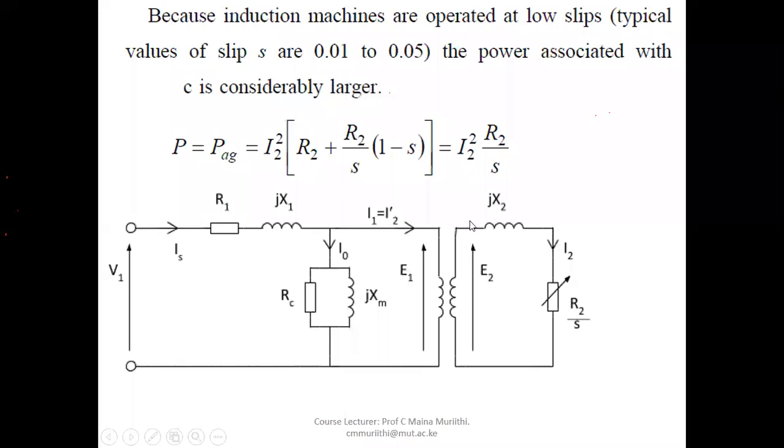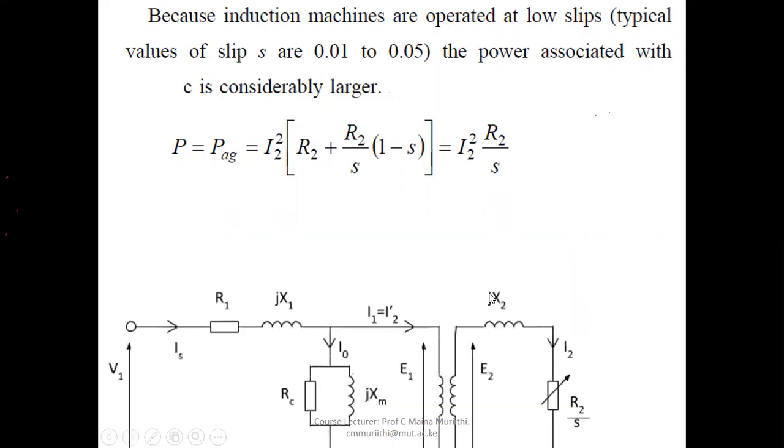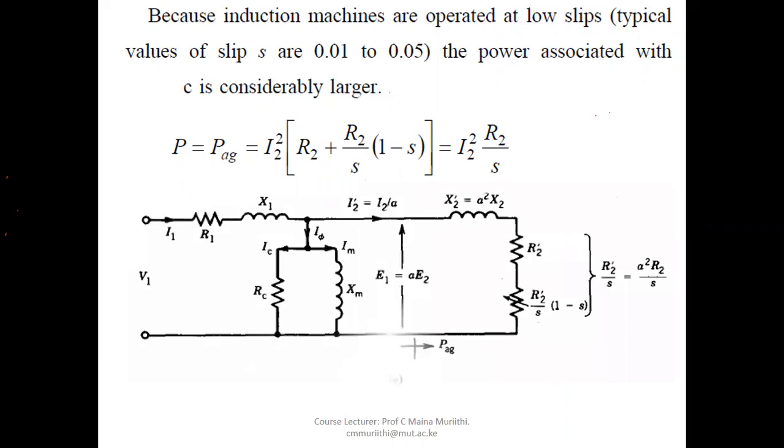We have been able to bring this part of the circuit to supply frequency, and hence now bring it together with this. If you recall from your knowledge of transformer theory, here is a magnetic linkage that needs to be gotten rid of. That's the first thing we get rid of by scaling the transformers, that is referring the secondary parameters to the primary side or the primary parameters to the secondary side.